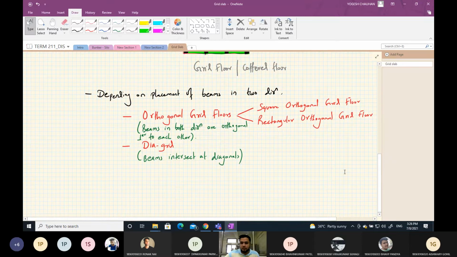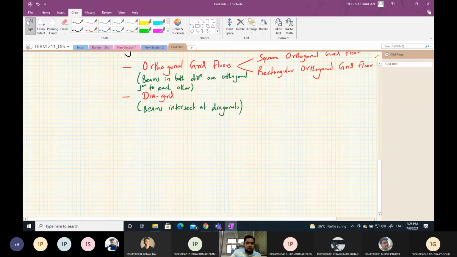Now let us see what these are. In case of orthogonal grids, let us say these are the beams in y direction.